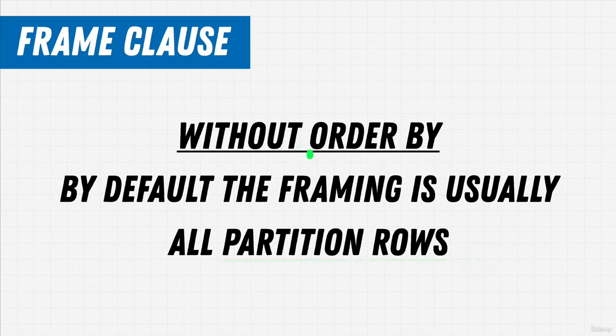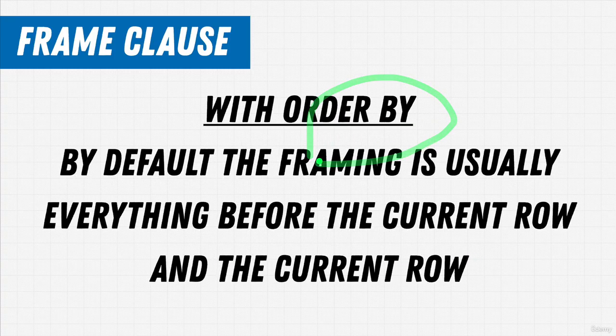But when we introduce order by, when we add it into the function, by default the framing is usually everything before the row. So everything before that current row, all of the rows that came before that current row, and the current row.